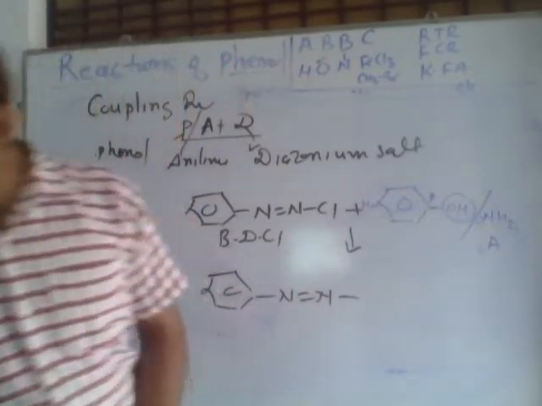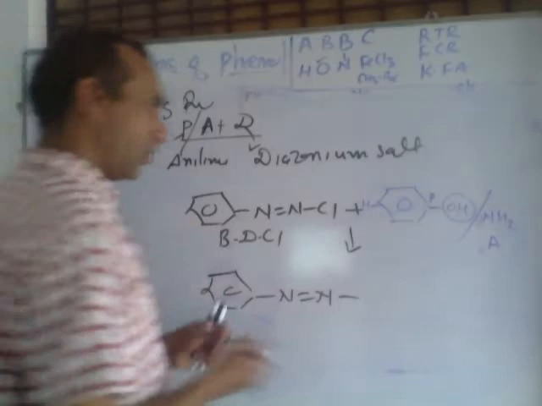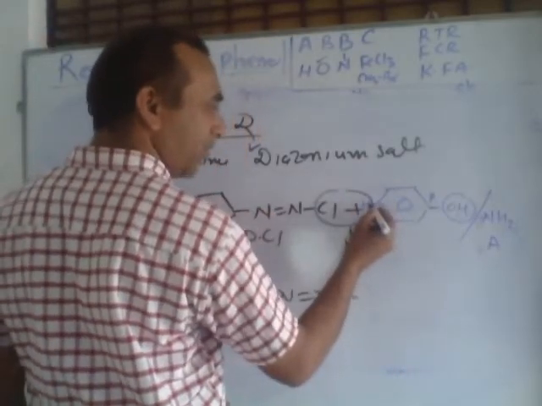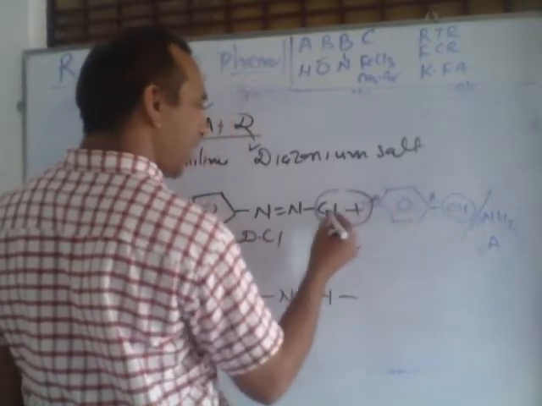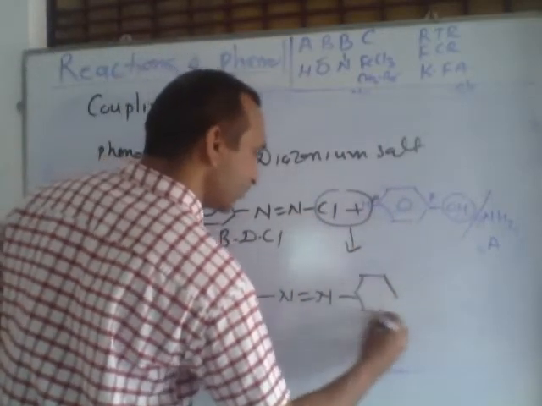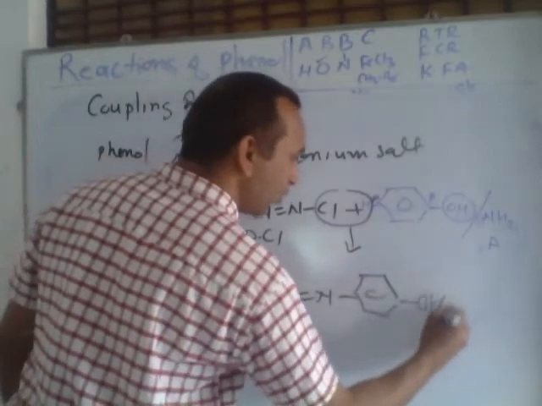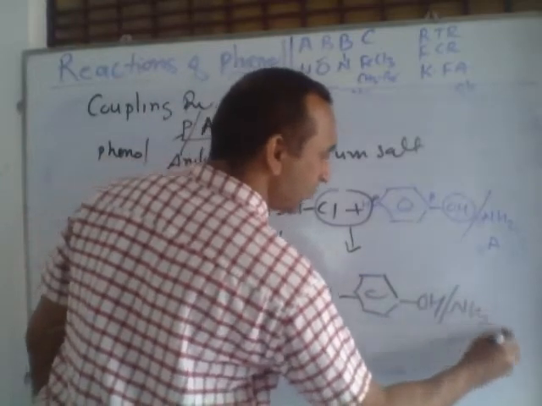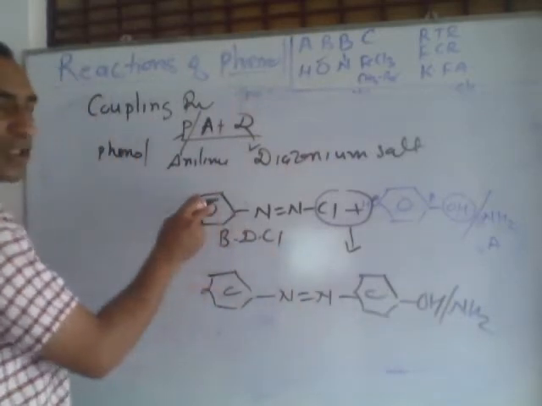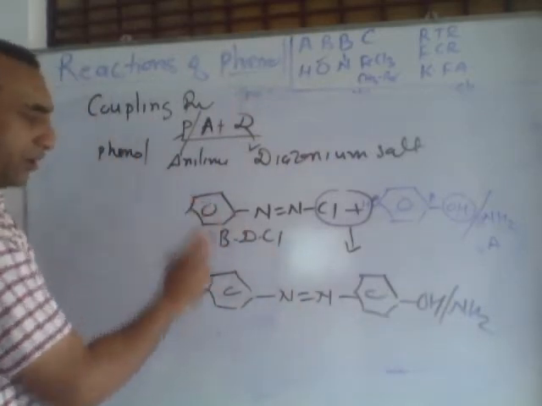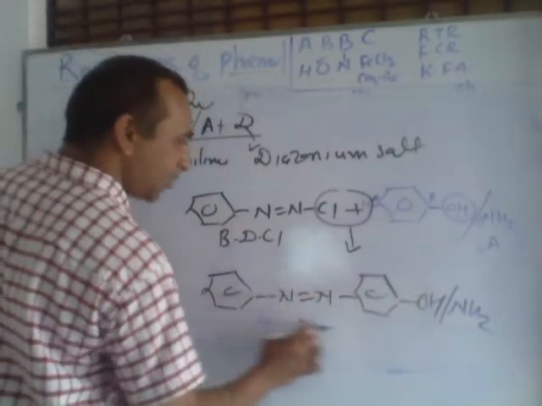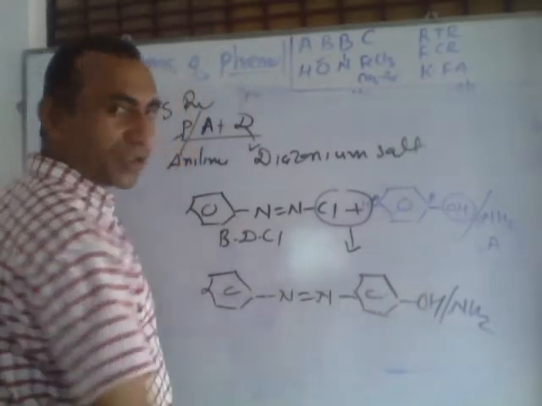And after the reaction, observe, this H and Cl are removed: H from the para position of this group and chlorine from BDC, benzene diazonium chloride. Here this ring along with OH, otherwise NH2. In this compound, this is azo and this is benzene.